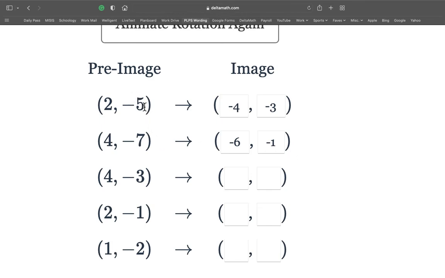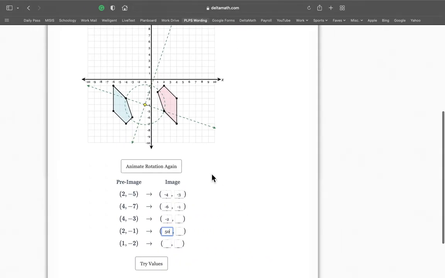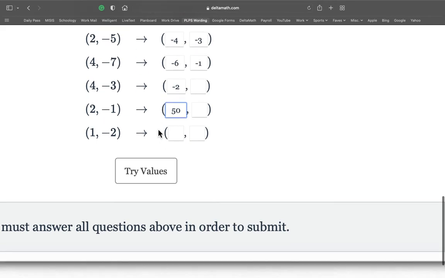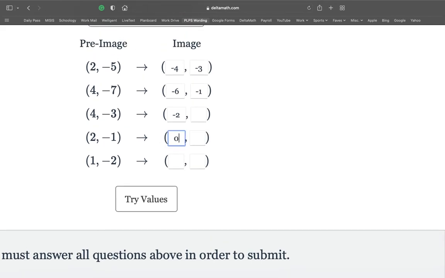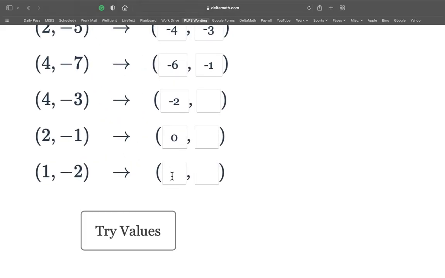Let's see. If I add 1, negative 5 plus 1 is negative 4. Okay. And negative 7 plus 1 is negative 6. Okay. Let's see if that works. Negative 3 plus 1 is negative 2. Negative 1 plus 1 is 0. Negative 2 plus 1 is negative 1.